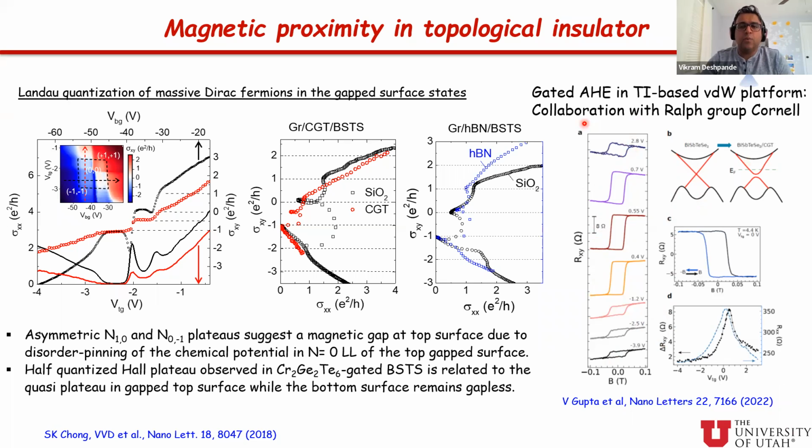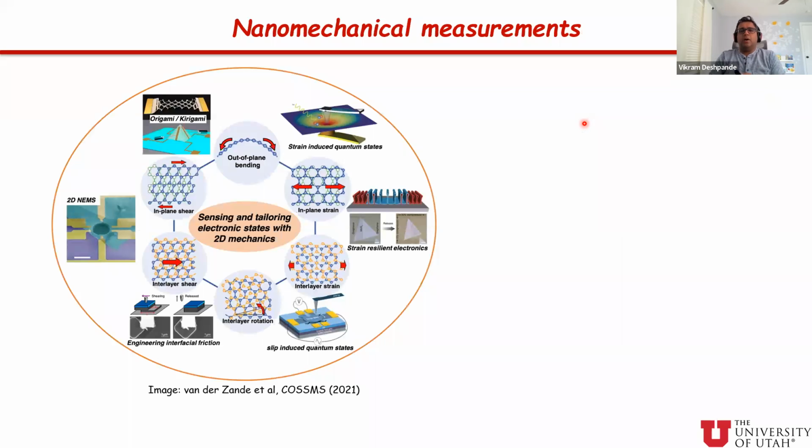Okay, so we have since then moved on to doing more mechanical measurements. The idea is that these two-dimensional materials also have a mechanical degree of freedom that can possibly be used for either elucidating interesting physics or for changing the behavior of the materials.